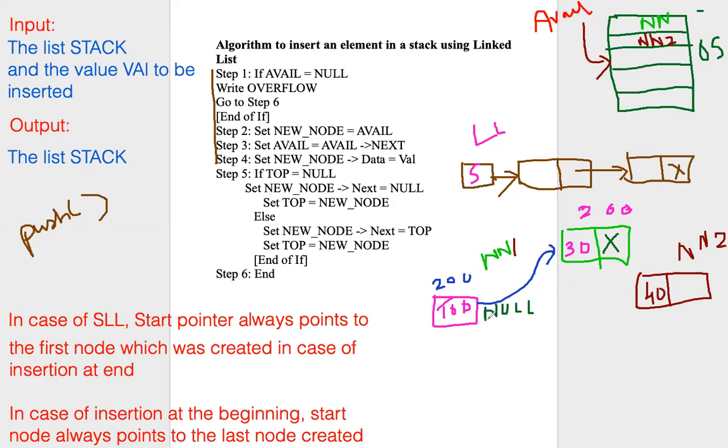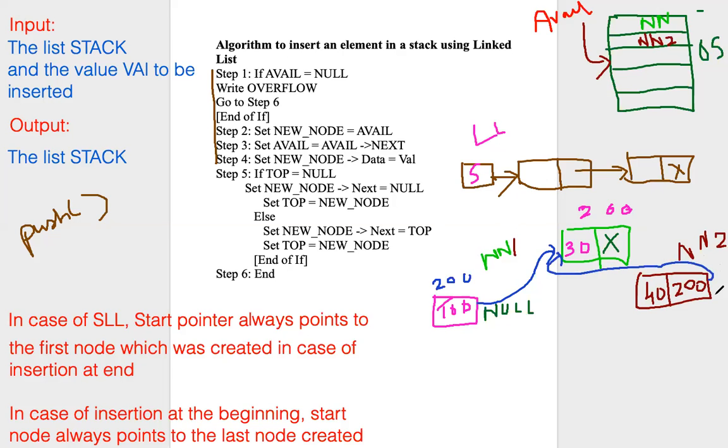Now if top is not null, I have to put the value of this existing node to the next pointer part of new node. So I make 200 here. Once I do this, this linking is over. So this node points to this node.